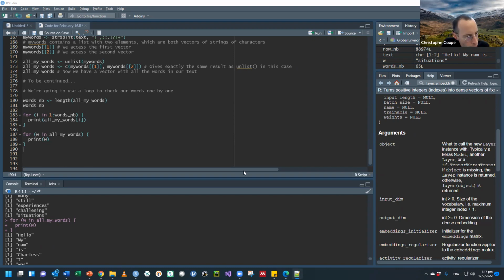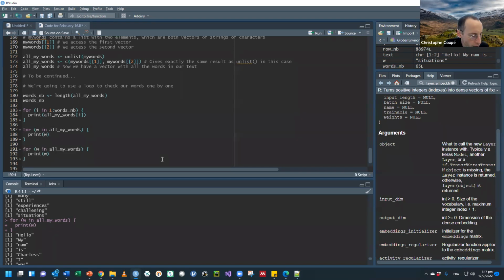So what do we need to do in our loop? We want to check whether our word, the word W, appears in the dictionary. How can we do that? Does anyone have a proposal regarding how we can do that? Please give me a solution.